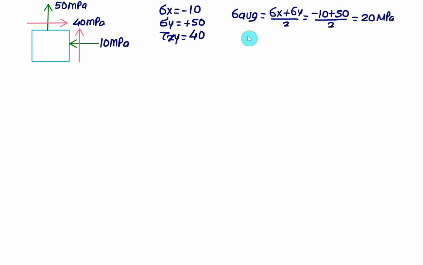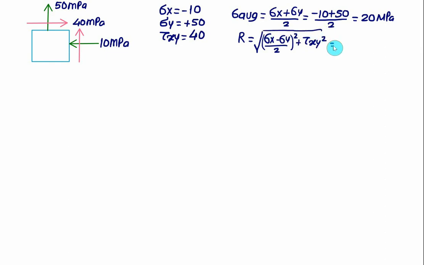And the radius we can calculate using the shear stress formula. That is the square root of sigma x minus sigma y divided by 2, squared, plus tau xy square, with everything under the root sign.